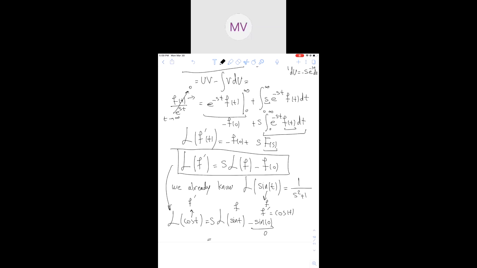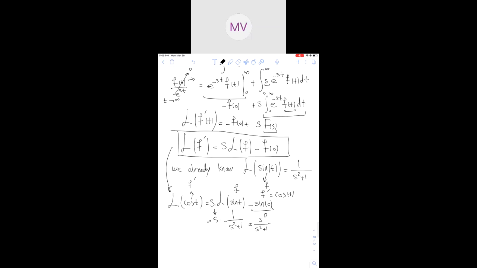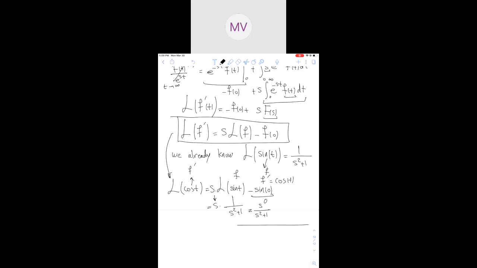We already know what Laplace of sine is. It's 1 over s squared plus 1, and we have an s behind it, and there you go, we have s over s squared plus 1. And we already know what Laplace of cosine is, right? We just wanted to make sure this formula works. Simple example of that.